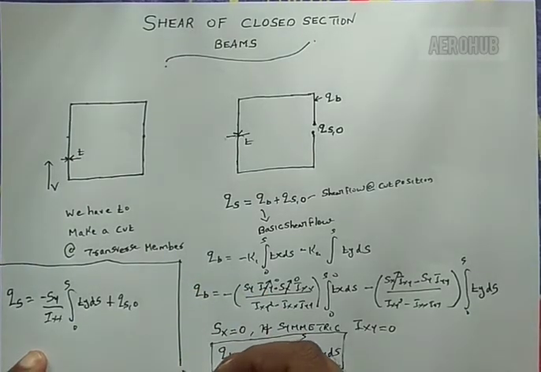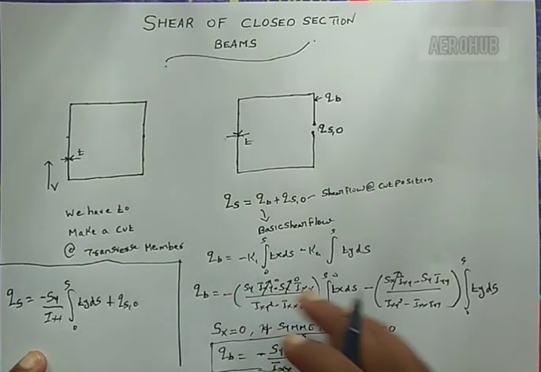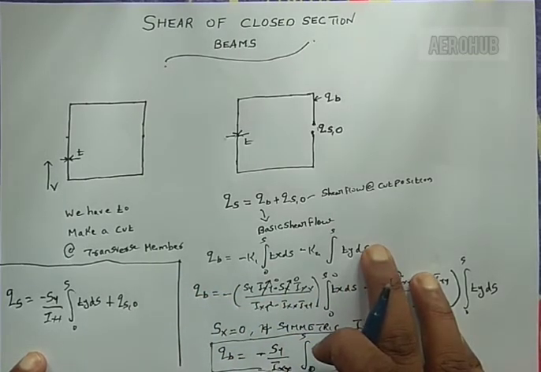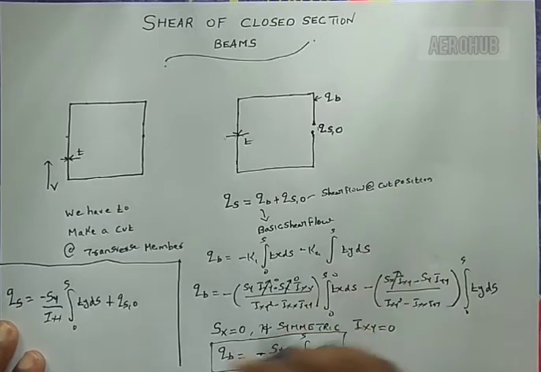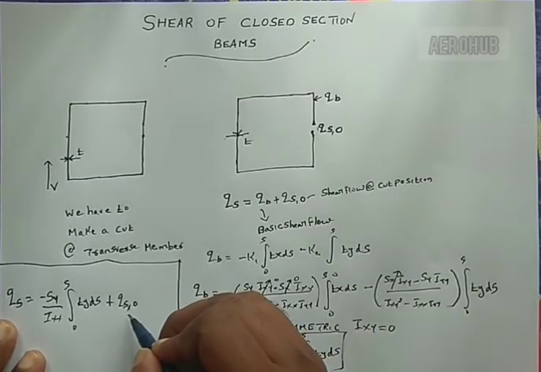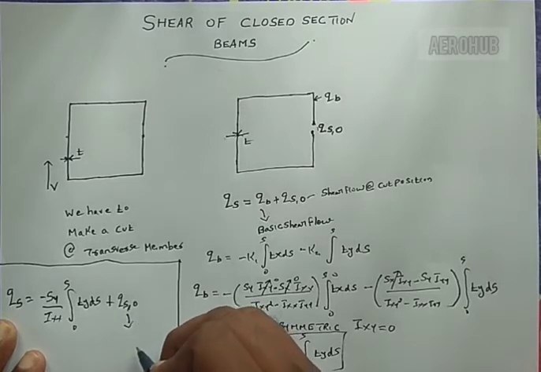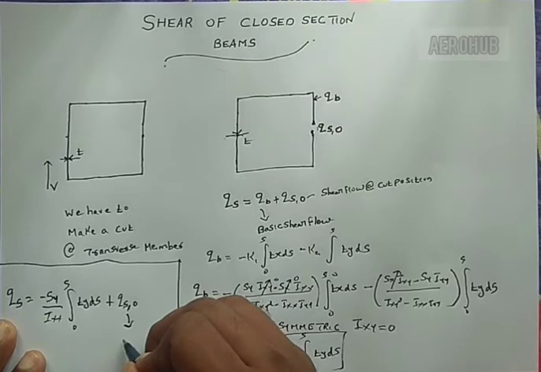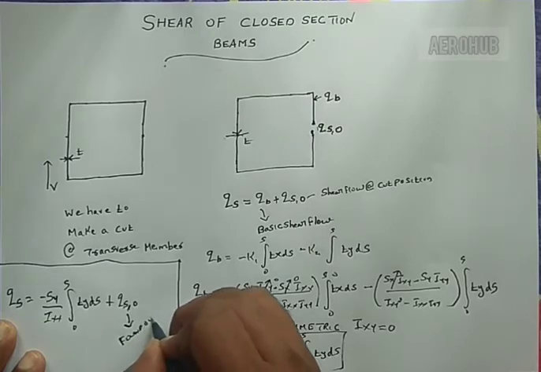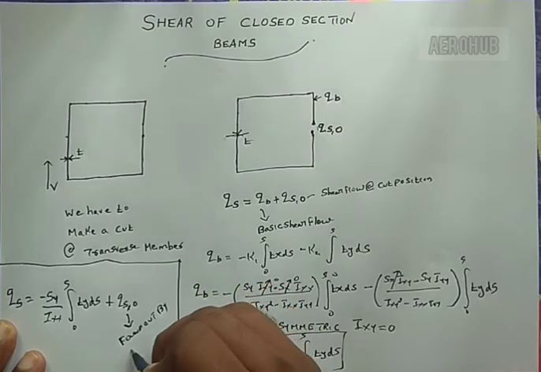We will find the value of Qb using the procedures we have done in the last series of lectures, and Qs0, the shear flow at the position of the cut, is found by moment calculation.